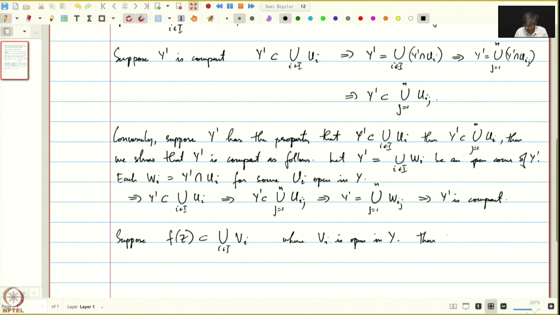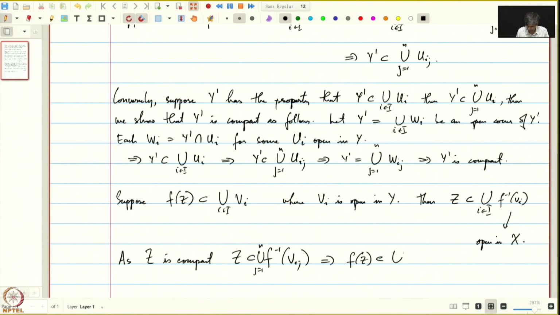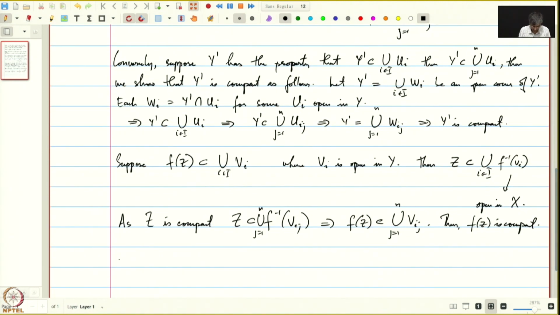Then we have Z is contained in the cover over i in I of f inverse of Vi, and since f is continuous, this is open in X. And as Z is compact, there is a finite set such that Z is contained in the union of f inverse of Vi_j, which implies f of Z is contained in the union of Vi_j. Thus f of Z is compact. So this completes the proof of the proposition.